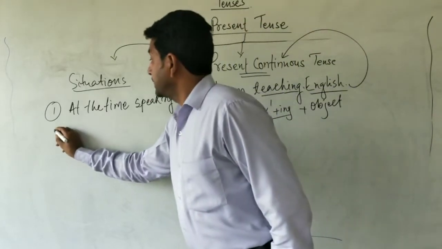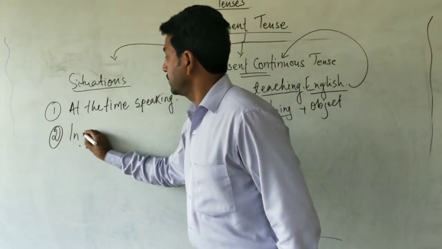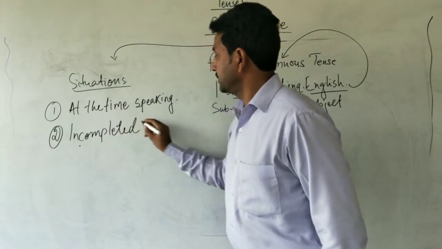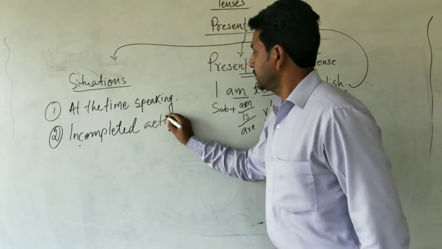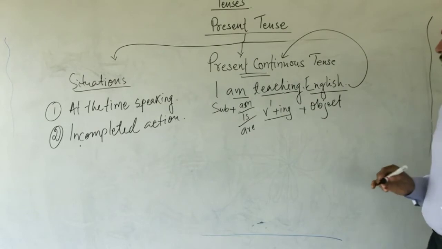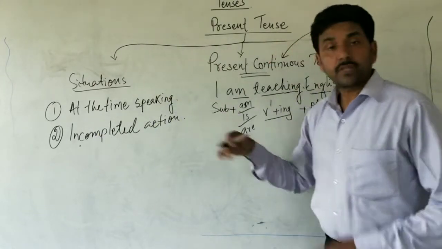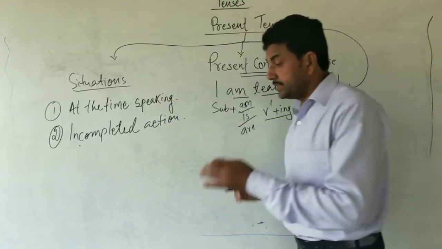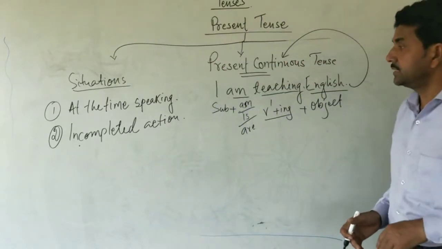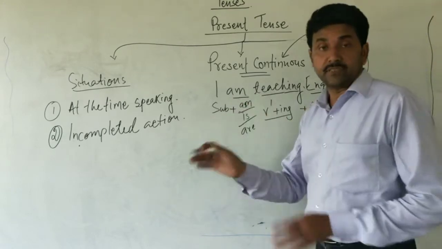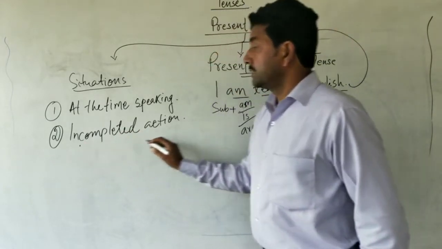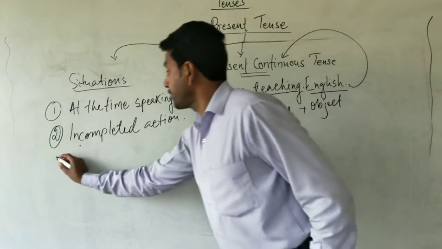For an incomplete action, we use present continuous tense. This structure we use to say something is not complete. It is in the middle. It has already started, but it has not completed, not finished yet. It is in the middle. So we can say the action is not complete.